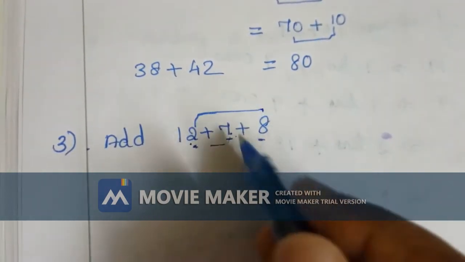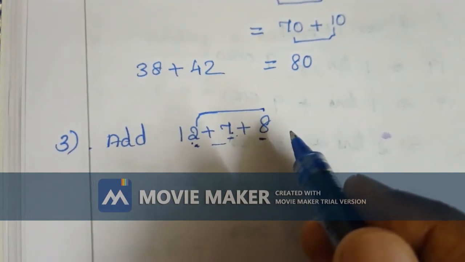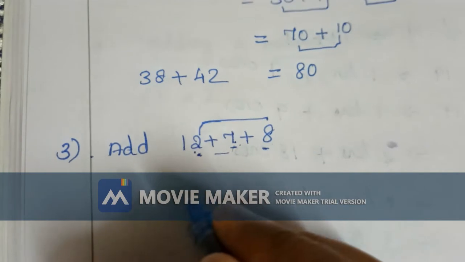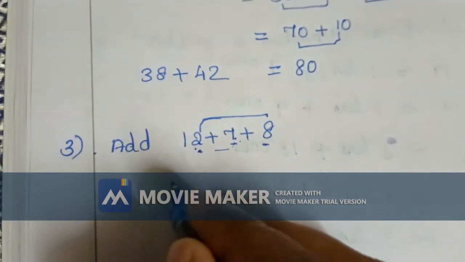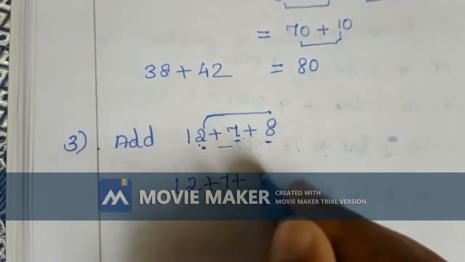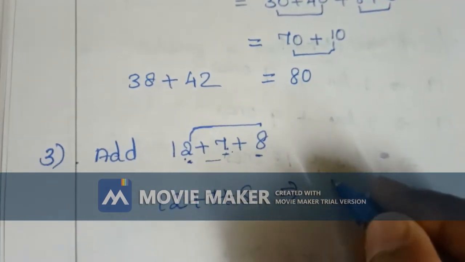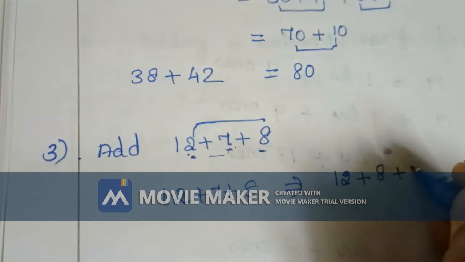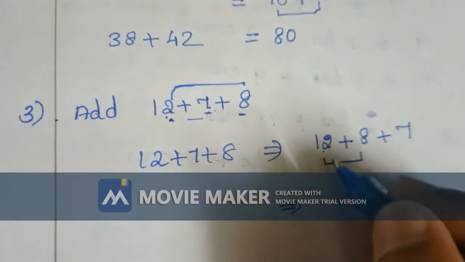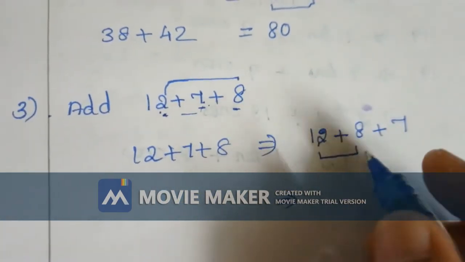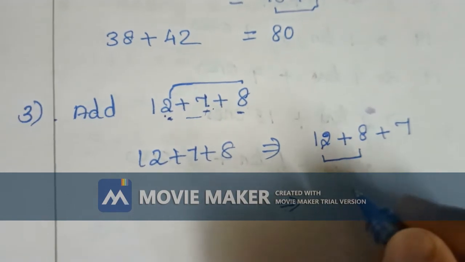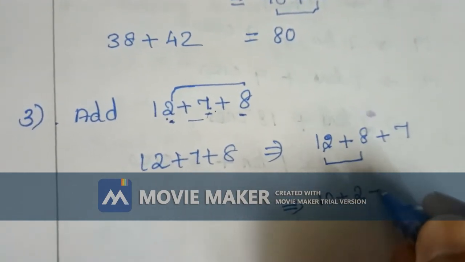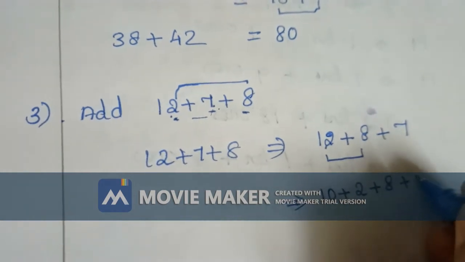So you have to rearrange the numbers and then add. Like this, 12 plus 7 plus 8. First you have to write 12 plus 8 plus 7. And next you have to expand the number 12, that is 10 plus 2 plus 8 plus 7.